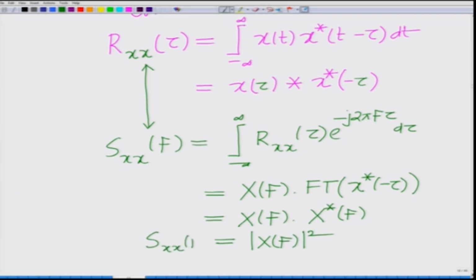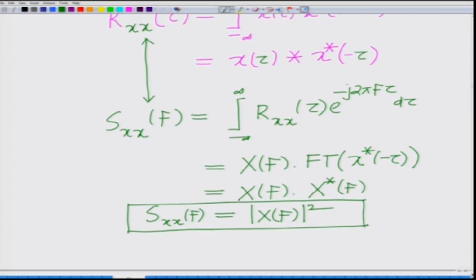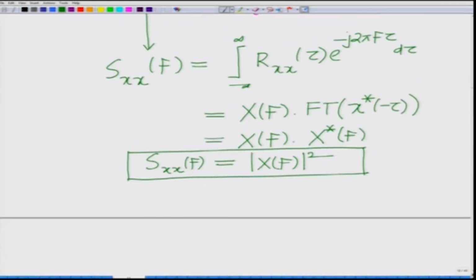So, what we have shown is this interesting result: Sxx(f), the Fourier transform of the autocorrelation Rxx(tau), is nothing but magnitude X(f) squared, where X(f) is the Fourier transform of x(t).